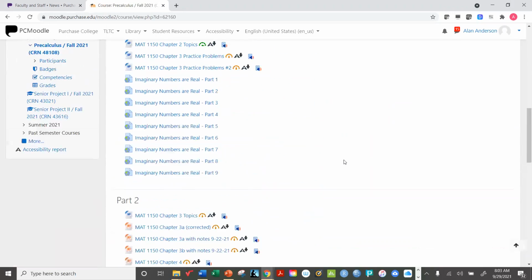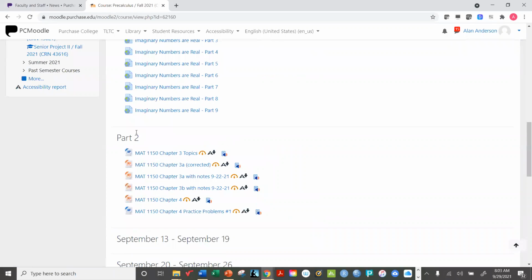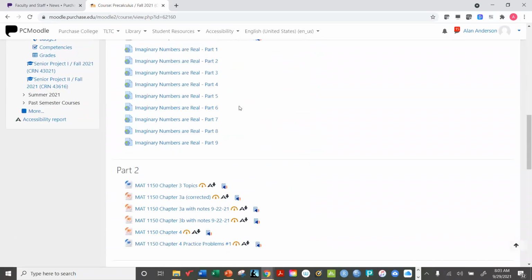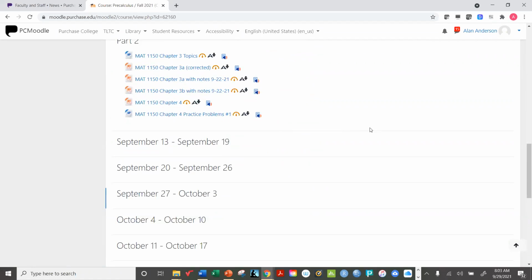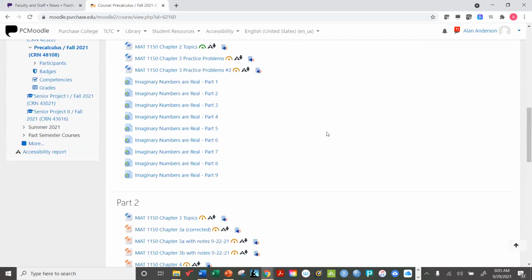Yes, it is. Now, I don't know what happened. Apparently, you can only put so much in each section in this Moodle. So I've created what I call part 1 and part 2. It just means that this top section ran out of space. So all the new material will come down here for a while. And I guess when it gets full, I'll move it down here and create a part 3. All right. So that's why it's set up like this.